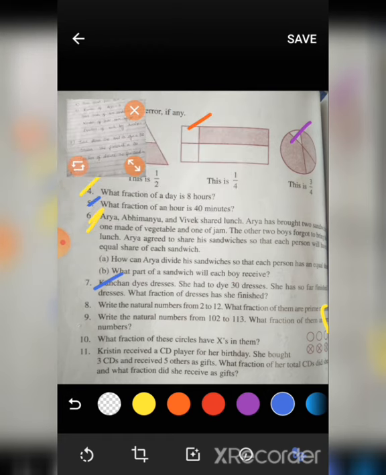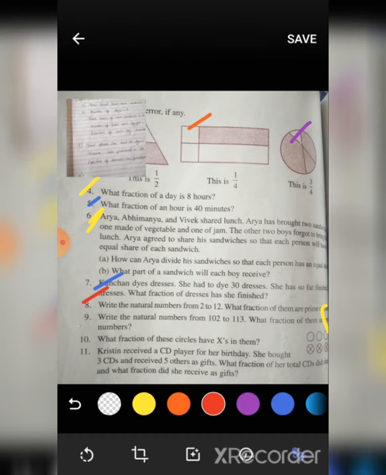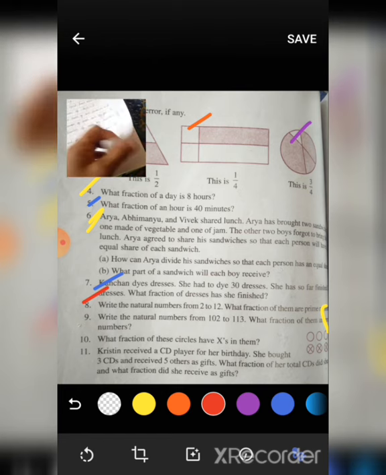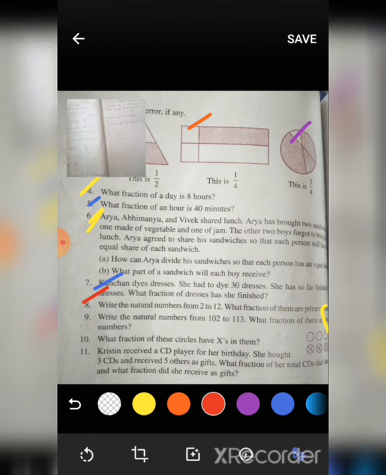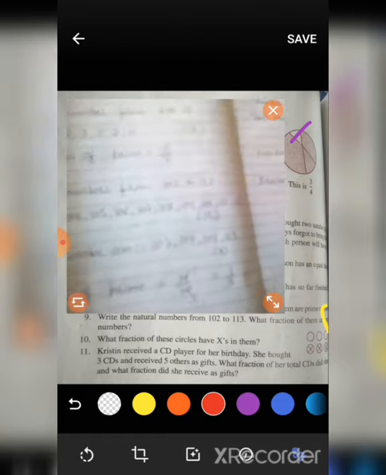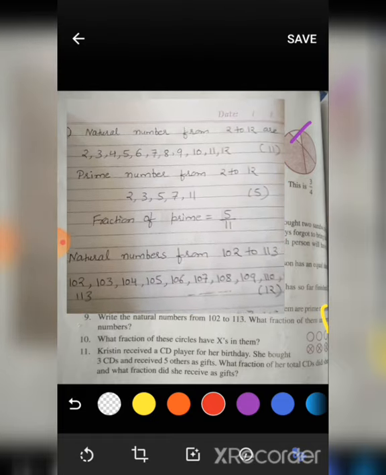Now next is question number 8. Write the natural numbers from 2 to 12. What fraction of them are prime numbers? So in this question, first you have to write the natural numbers from 2 to 12.